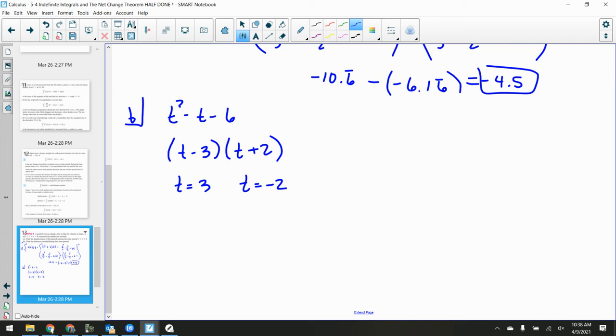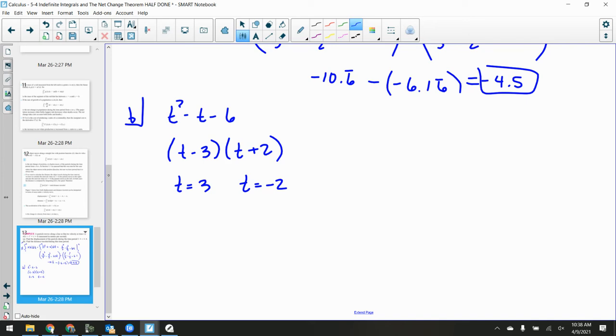So what's the only zero that I care about? I care about the 3. Why is that the only one that I care about? Well, a negative time value I don't really consider. But more importantly, even if both had come out positive, it's within the range of my integral.